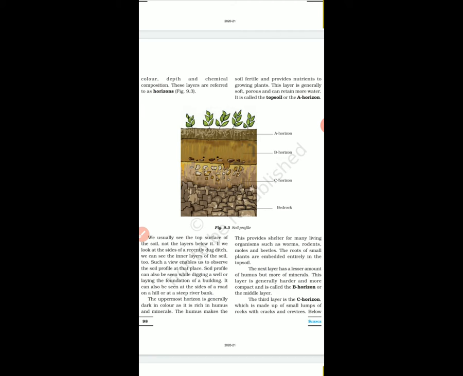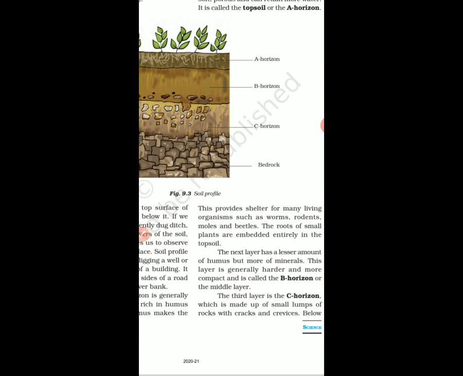In that we have seen about A horizon, that is the topmost layer, top soil, which has a lot of humus. This provides shelter for many living organisms such as worms, molds, beetles, everything. The roots of soil plants are entirely in the top soil. So this was about A horizon, the top soil.